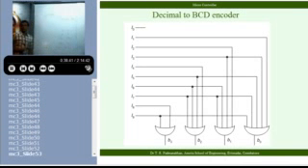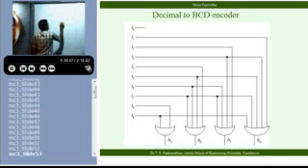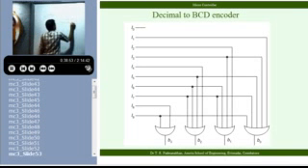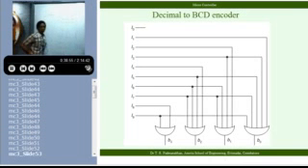If I take a decimal number, it will be put as a 3-digit decimal number. So you can do a conversion and put it as a 3-digit decimal number.